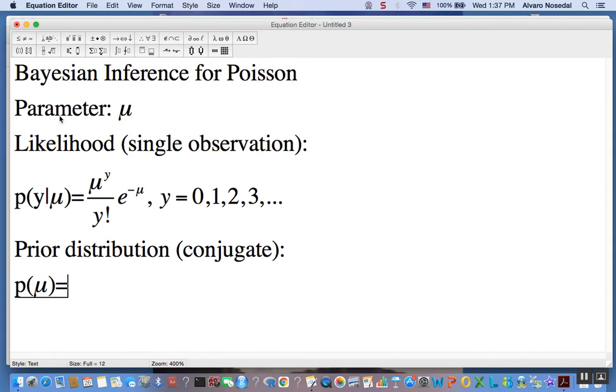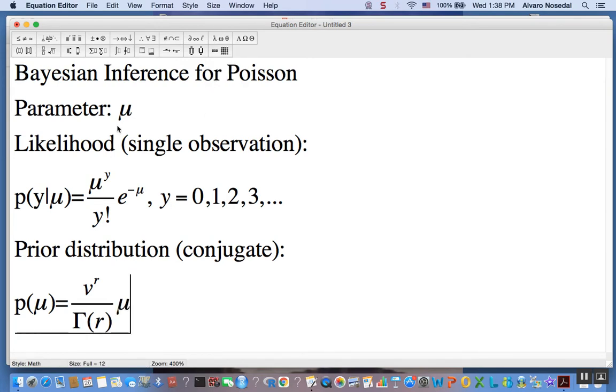This is one of them. In your textbook, they have two parameters, v and r, and that constant that I am writing would be the normalizing constant, the constant that makes this expression in terms of mu a legitimate probability distribution.